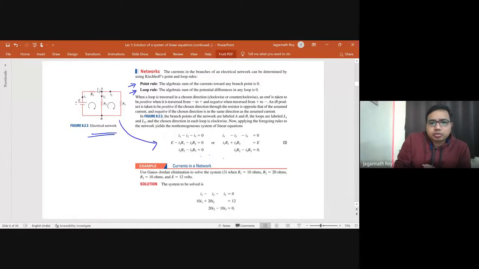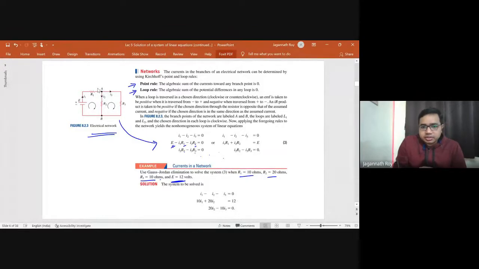This is an overall generalized system with R1, R2, R3. If E, R1, R2 and R3 are given, then you can find I1, I2 and I3, the amount of electric current passing through these points. You have to find these unknowns I1, I2, and I3.